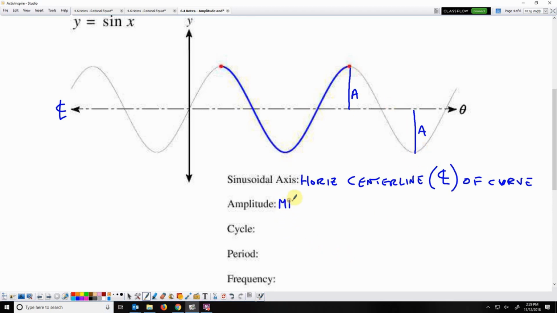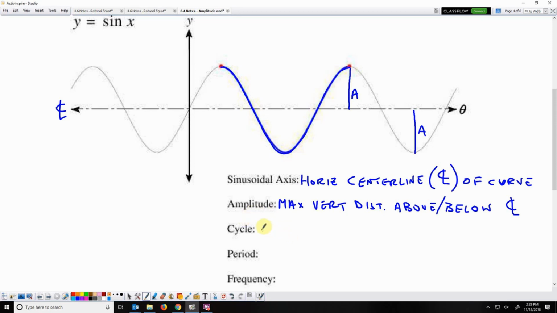So that's the maximum vertical distance above or below the center line. A cycle, this right here in blue, is one cycle. Okay?